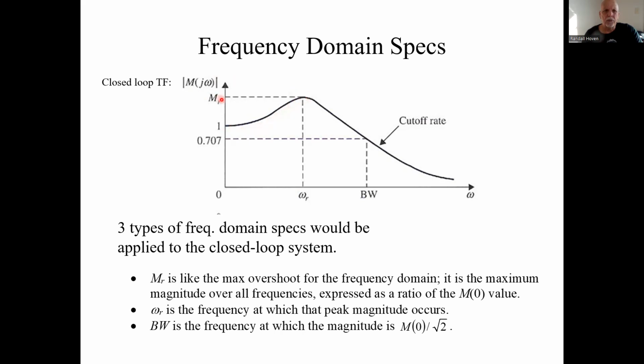And then there would be some maximum gain over all frequencies. So there's the frequency where that maximum occurs. There's what the maximum is, expressed as a ratio of this DC gain. And then what we call the bandwidth of the system, which is where the gain goes below 1 over the square root of 2. That's by convention.